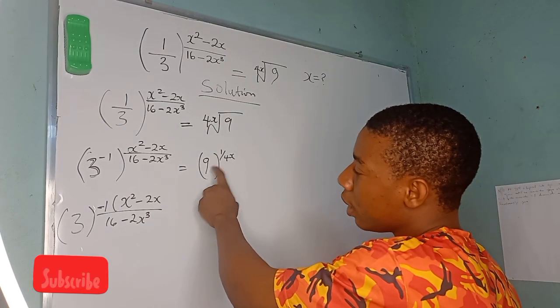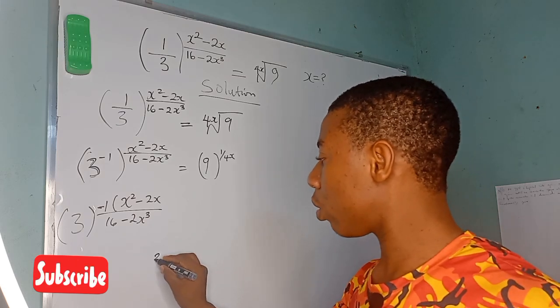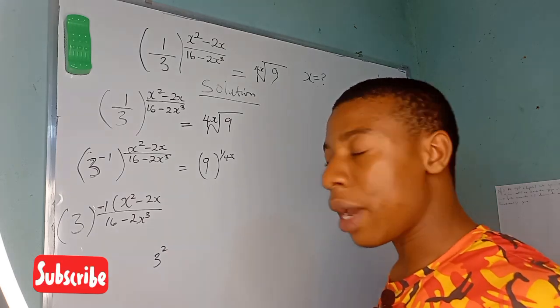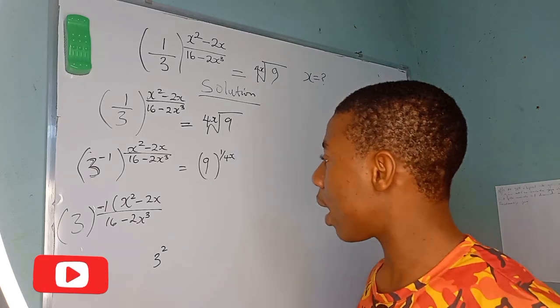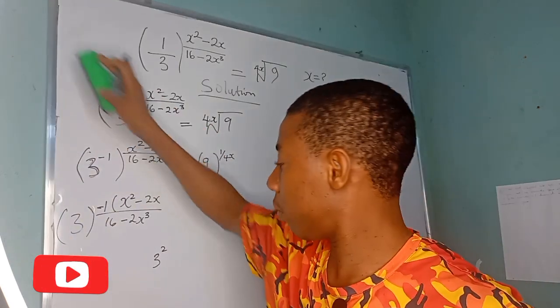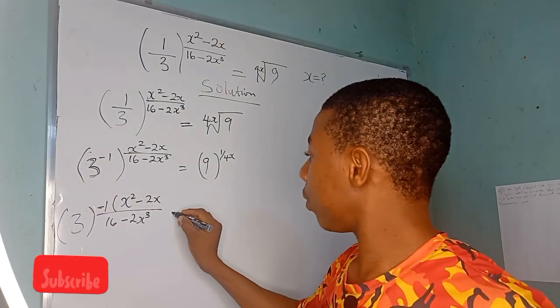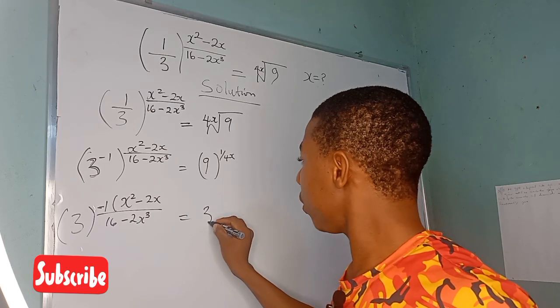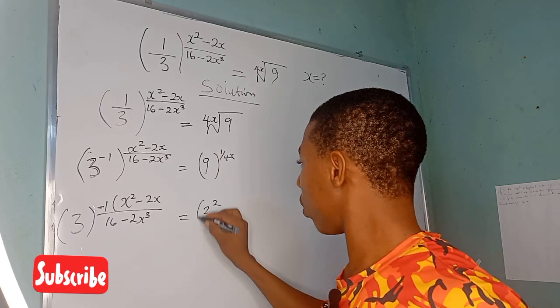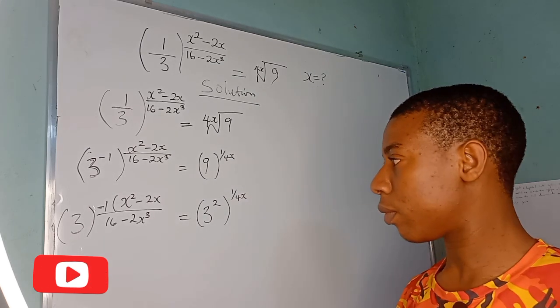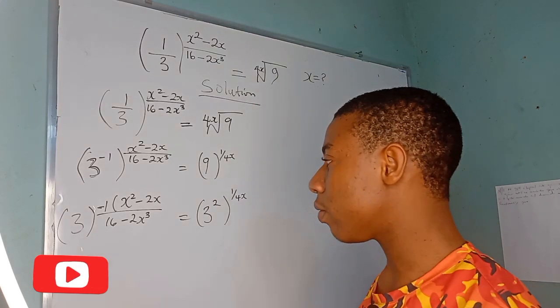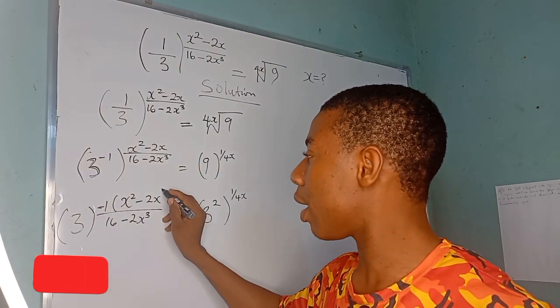Now this 9 here, you know that 9 is a perfect square, so 9 is 3 squared. So we have 3 squared raised to power 1 over 4x. From my left hand side, I can use this minus 1 to multiply everything here.